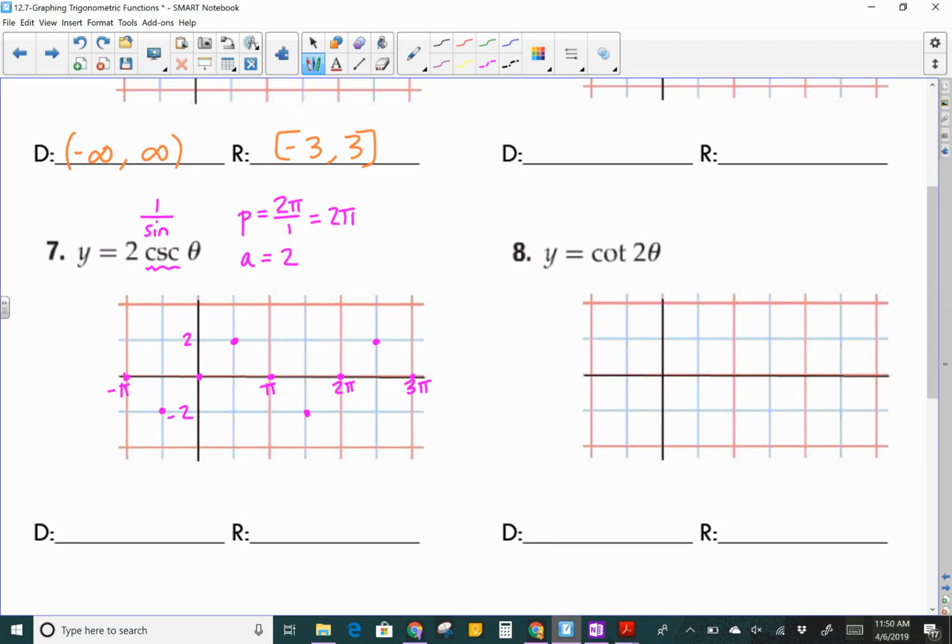Before I connect it, I remember that I cannot have 0. Wherever it's 0, I have an asymptote. Now I'm going to graph those away from my midlines, as such.